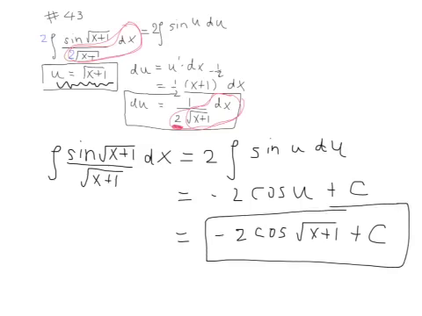Alright, now we're just going to move on to the other one, 47. Okay, 47. We got the integral of 19x times cosine of x squared dx.